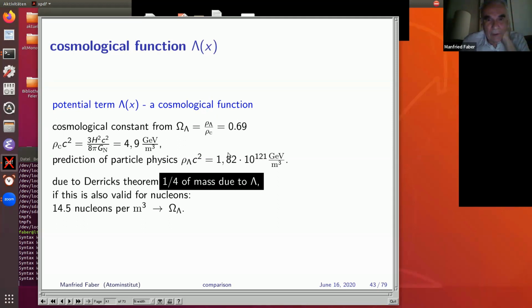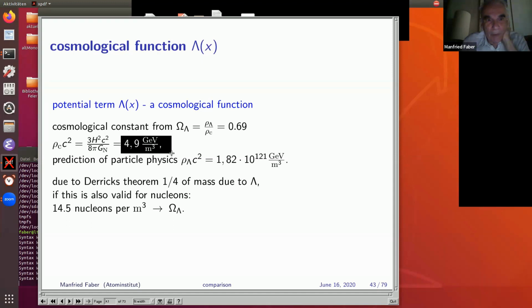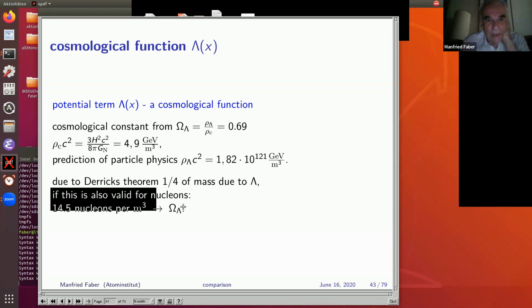So in order to get this energy density of 0.69 times critical, I can ask how many nucleons do I need in the universe? And I need roughly 14.5 nucleons per cubic meter in the universe in order to explain the value of the cosmological constant. This is not a very unreasonable number.